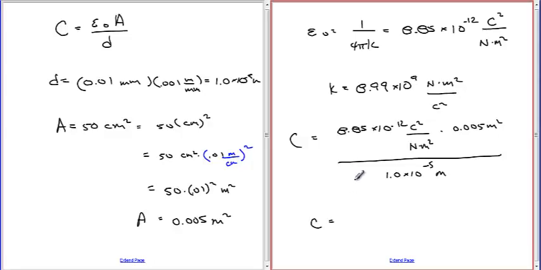And you get capacitance, which is in farads. And usually these numbers are pretty small. So I get 4.4, we'll just do two significant figures, times 10 to the minus 9th farads.